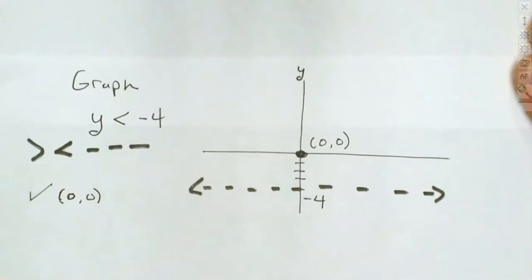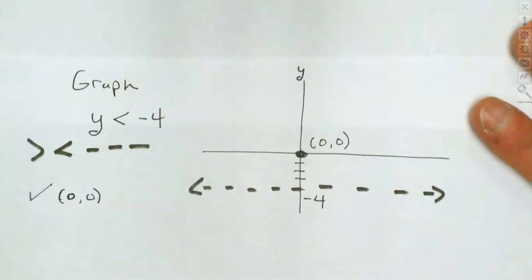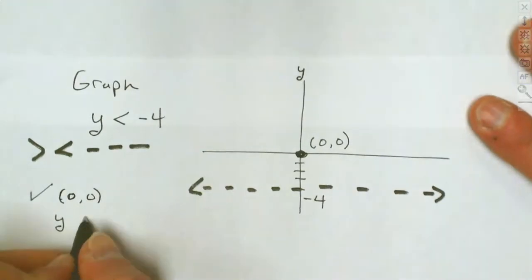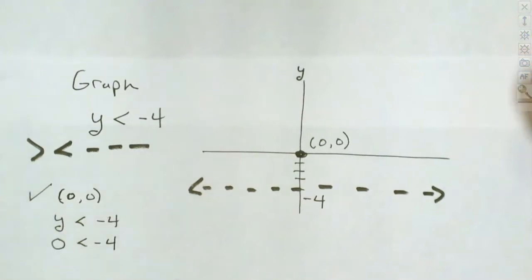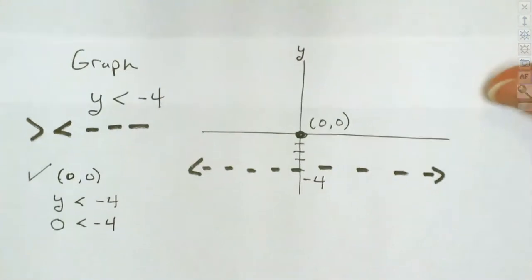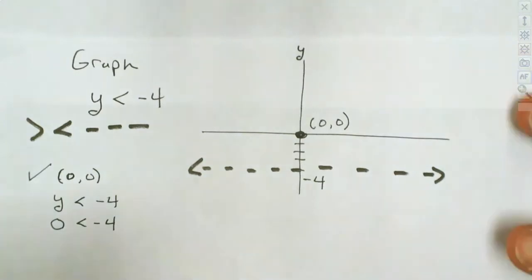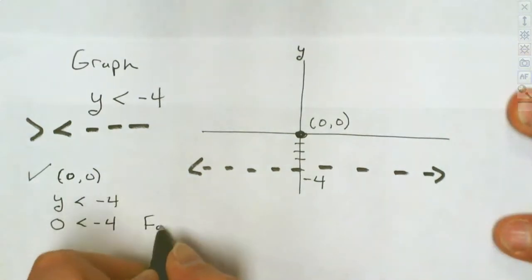So we're going to try and check 0, 0. And Y is less than -4. So that means 0 is less than -4. Is 0 smaller than -4? Is that true or is that false? That would clearly be false, right?